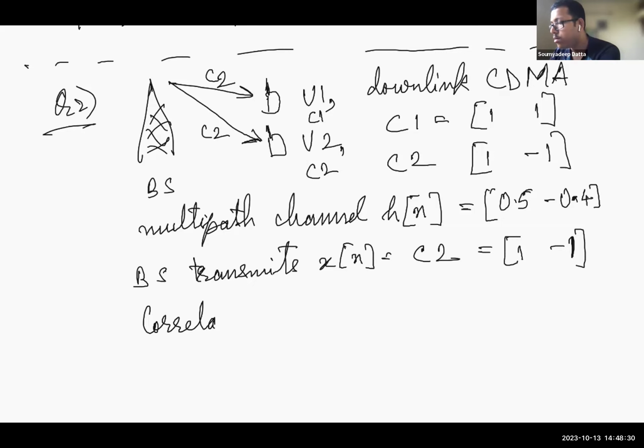So for k equal to 0, h of 2 doesn't exist. H exists only for 0 and 1. So that doesn't contribute. For k equal to 1, we'll have h of 2 minus 1, which is h of 1. So this will be 0.4. So then that will be x of 1, which is minus 1 times minus 0.4. So this will be plus 0.4.